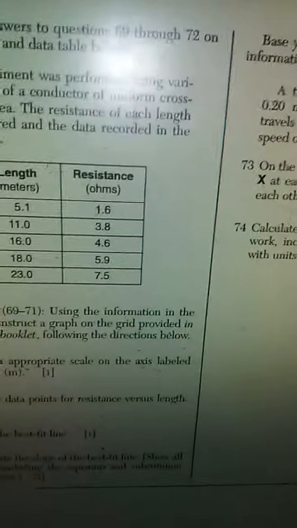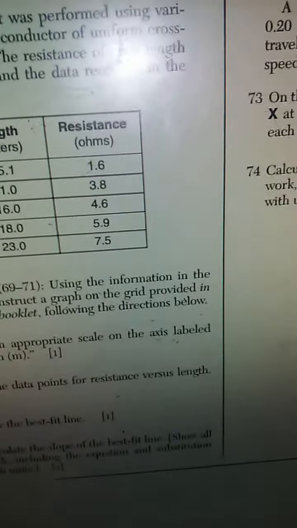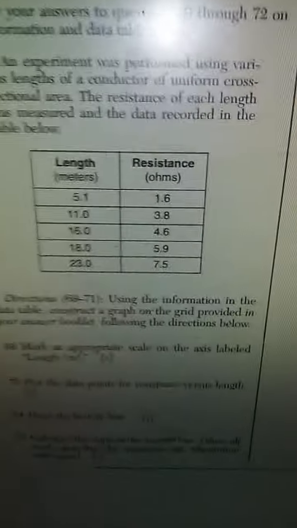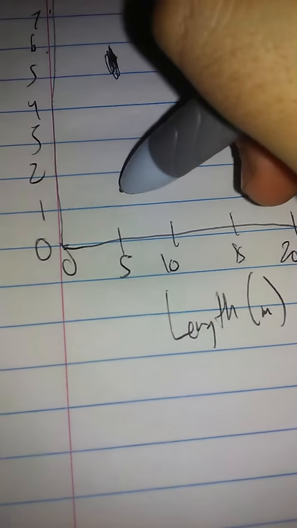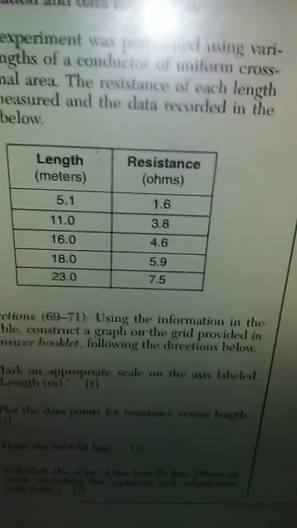Whoa. No, wait, 1.6. I don't know where I got 5.1. Ignore this dot up here. When it's at 5.1, the resistance is 1.6. Up here, length is 11, resistance is 3.8.